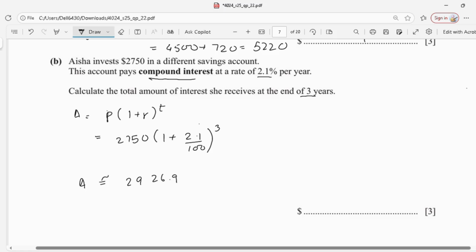Now we have to find the interest she received at the end, that is A minus P. Compound amount 2926.9 minus P, which is 2750. So at the end of 3 years she will receive $176.9 interest.